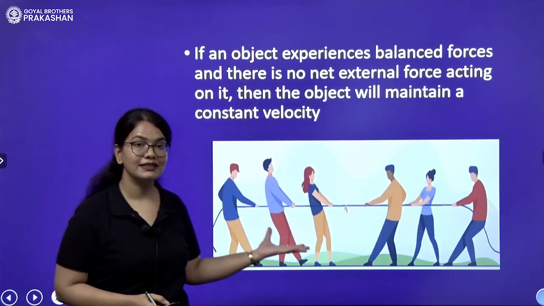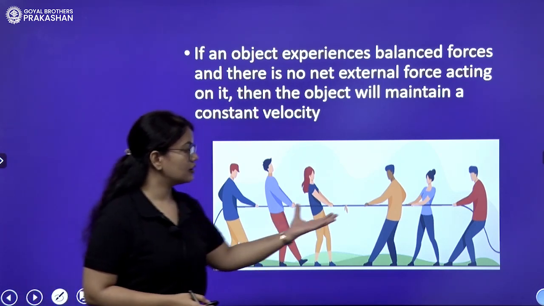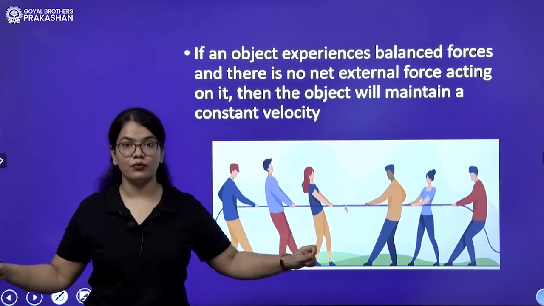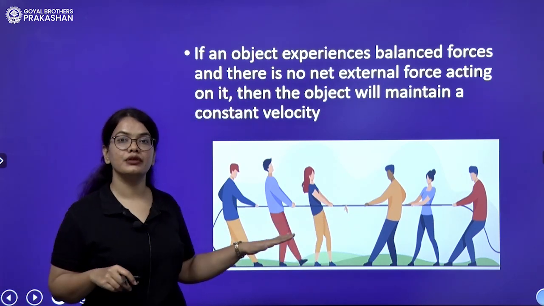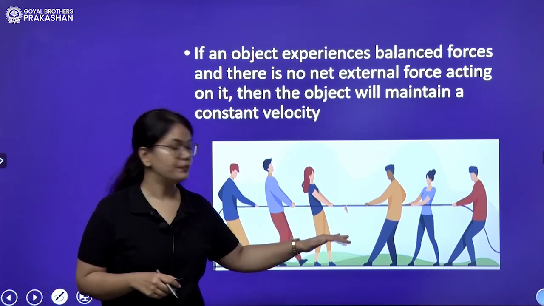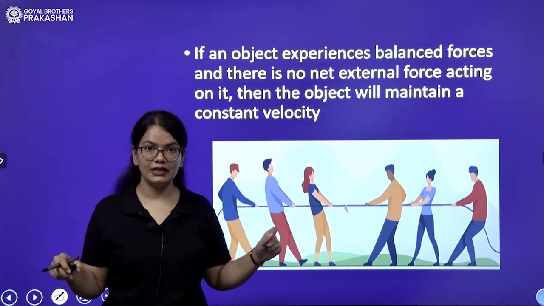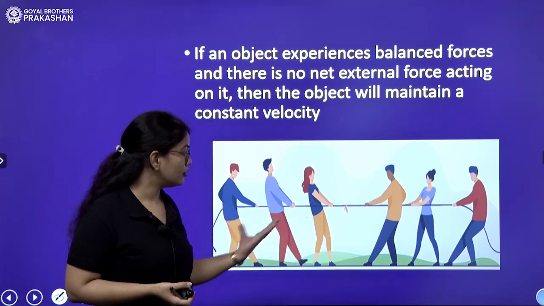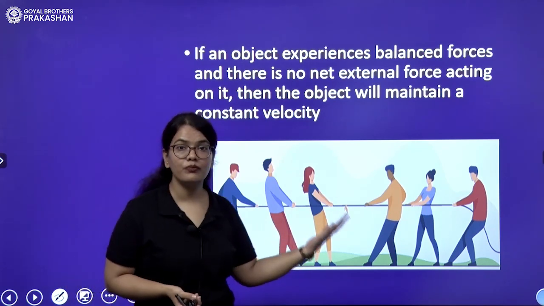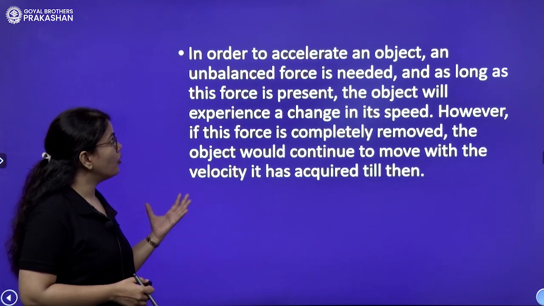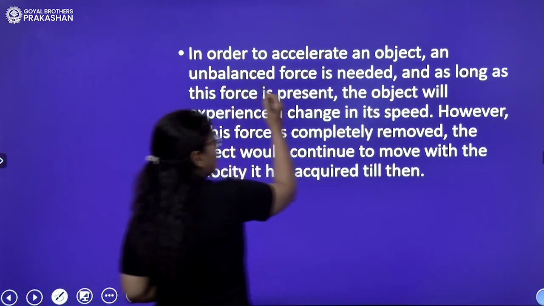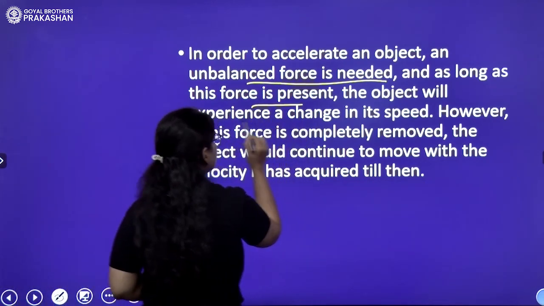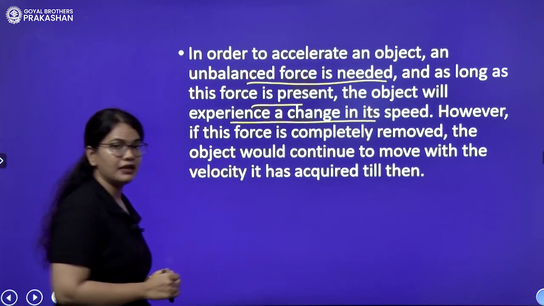Okay. See, you have another example of balanced force. This is a tug of war, right? Here what is happening? Both the teams are pulling the rope. And if both the teams are applying equal force, the rope is stationary, right? It is in the middle. But once the force on one side increases, on either side, the rope will start moving on that side. Now, in order to accelerate an object, an unbalanced force is needed, and as long as this force is present, the object will experience a change in its speed.